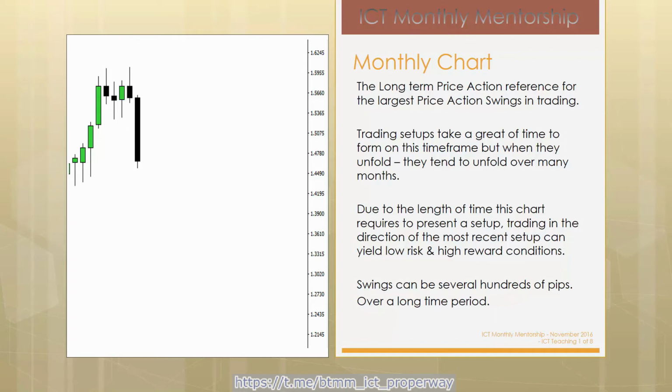Okay, and go back to the very first teaching in this mentorship where I tell you to look for markets that want to show a strong willingness to move away from a particular level. Now, prior to that down move, we saw price in a small little consolidation, about 600 pips or so in range, and then finally the market broke down on a monthly basis. So each one of these candles represents a month's worth of data.